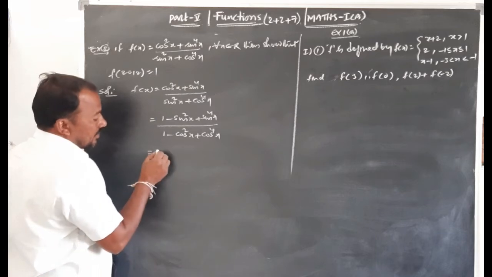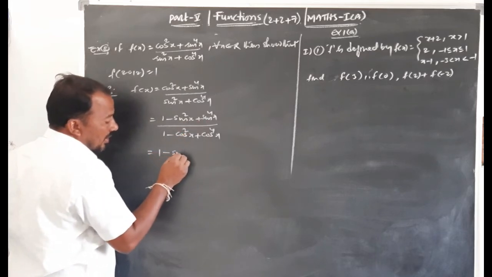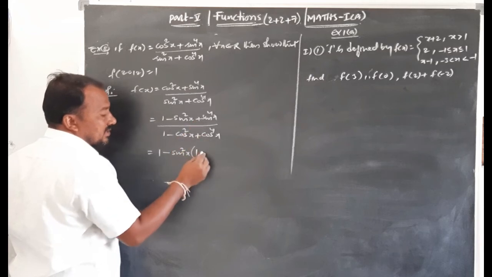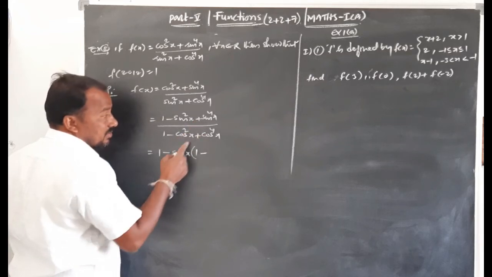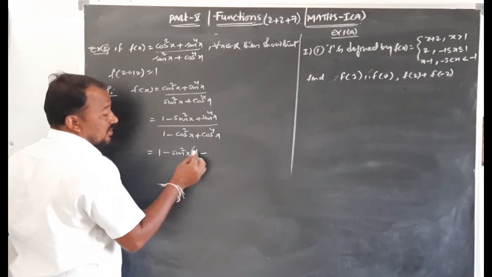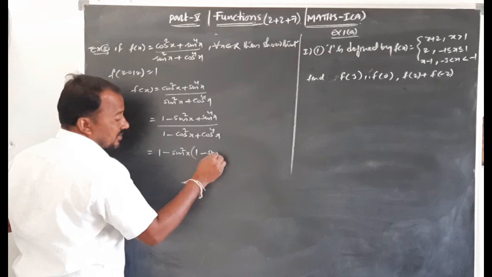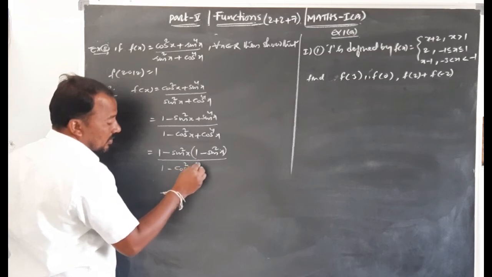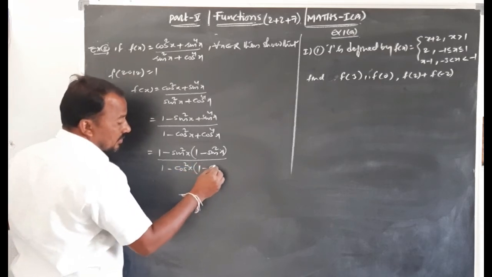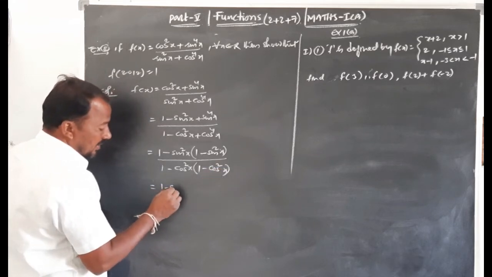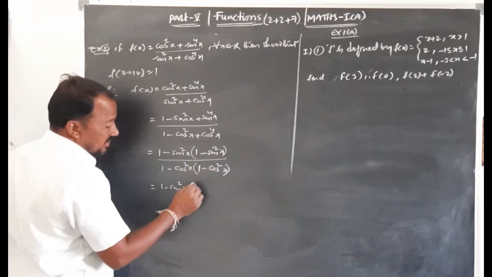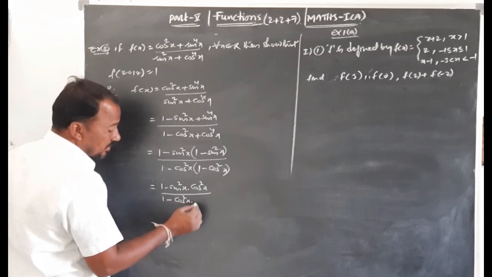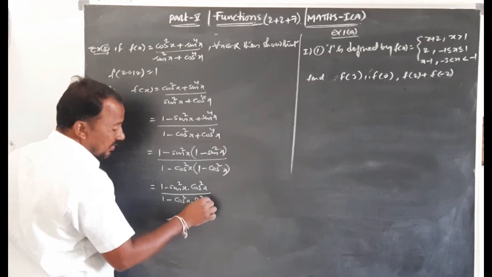In the numerator take sin square x common, and in the denominator take cos square x common. So we get 1 minus sin square x into 1 minus sin square x, cos square x by 1 minus cos square x into 1 minus cos square x sin square x.